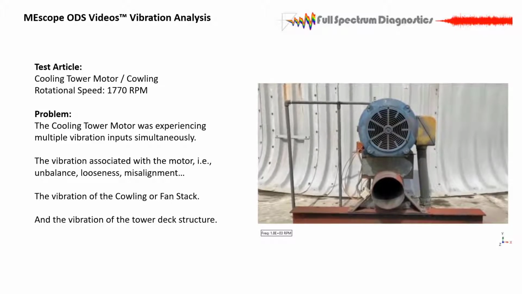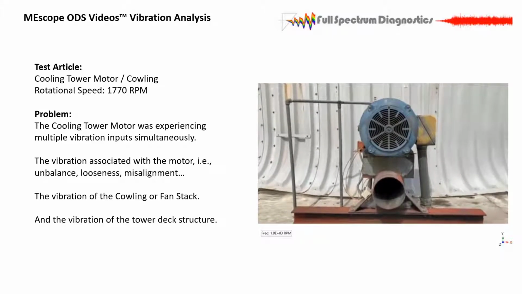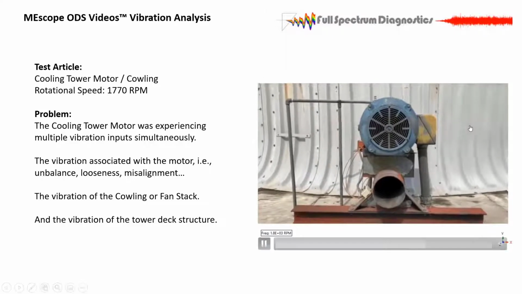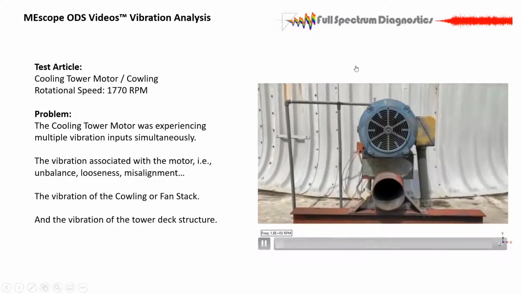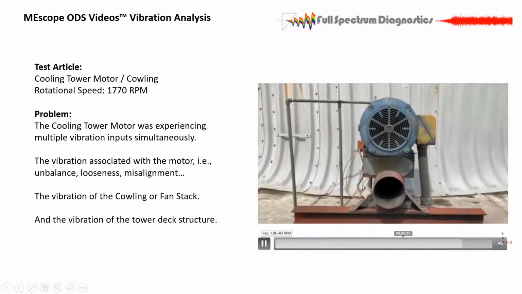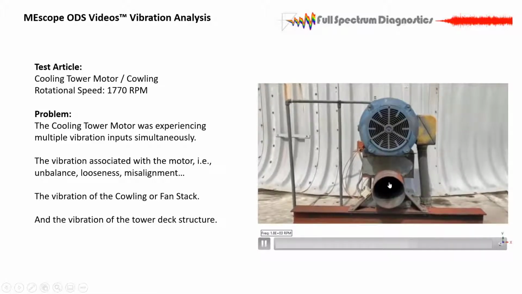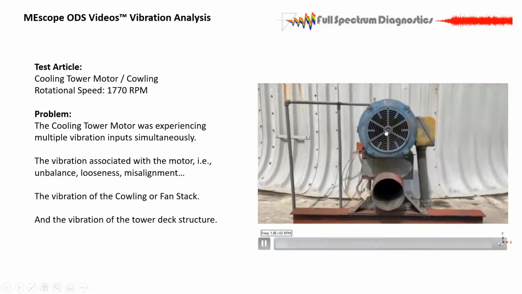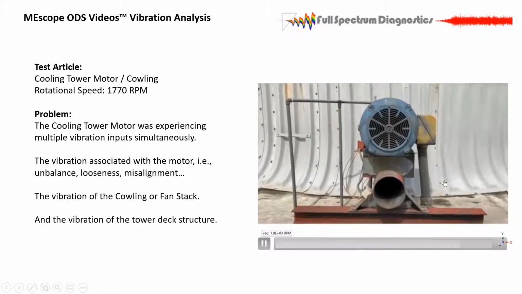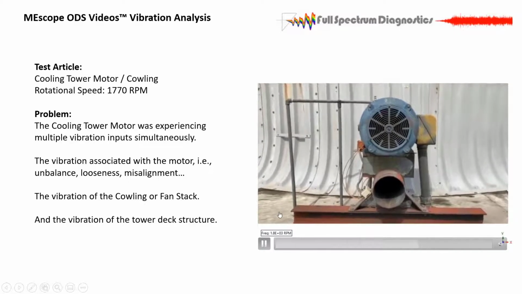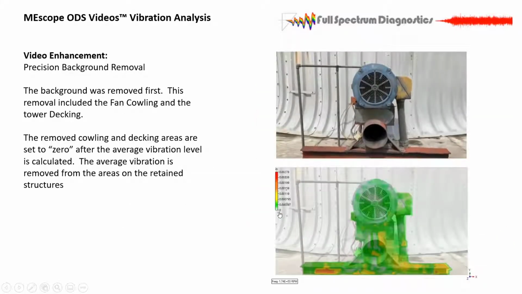This is what happens when you're on a cooling tower deck, when the deck's bouncing, the cowling around the fan is bouncing all over the place and shaking, the motor's shaking, and it's windy. And I believe I was holding the camera, so it wasn't even on a tripod, which is playing with all the bad buttons there. So there's a lot of things going on. The remove background tool is outstanding for controlling this type of thing.